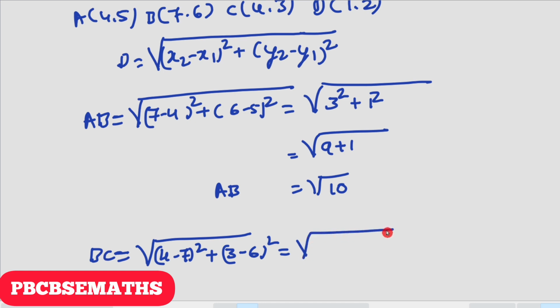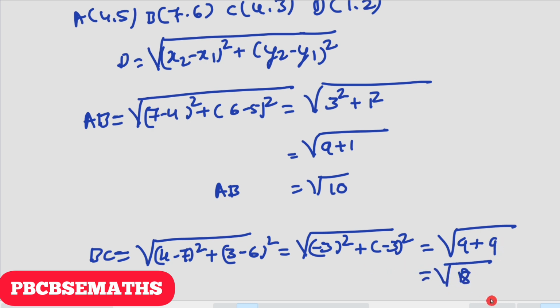By simplifying this, 4 minus 7 is minus 3 whole square, plus 3 minus 6 is minus 3 whole square, which gives us square root of 9 plus 9, which is equal to square root of 18.